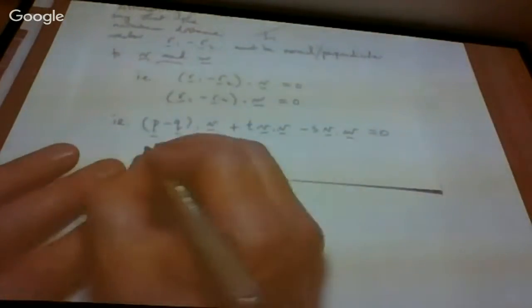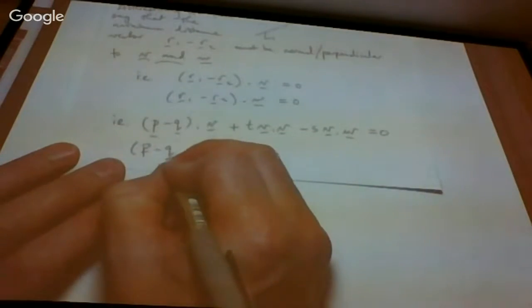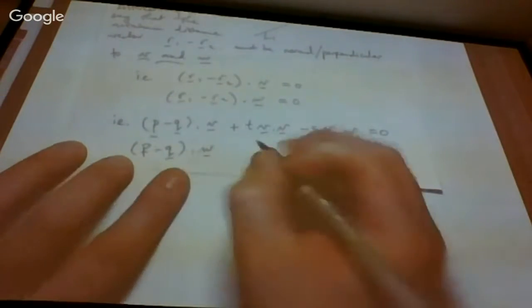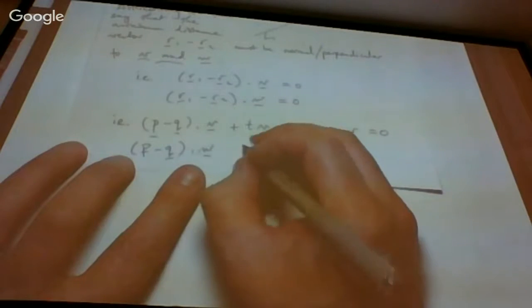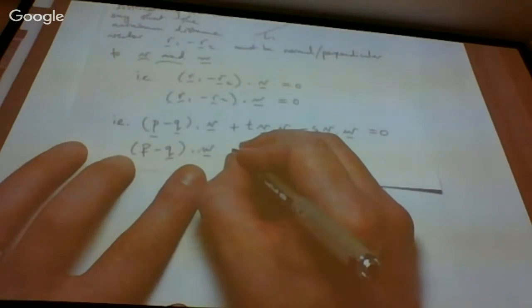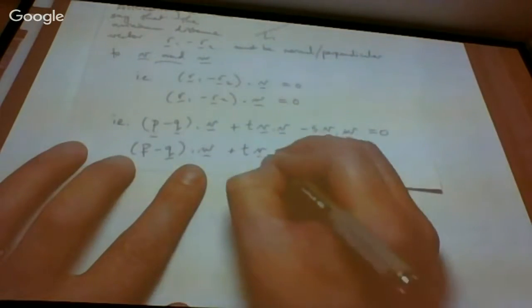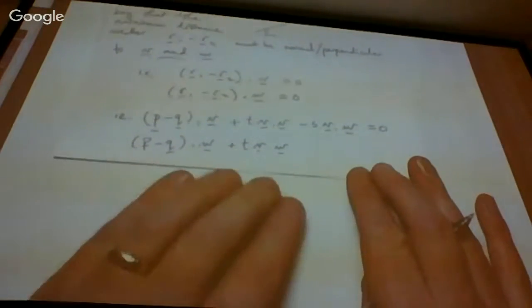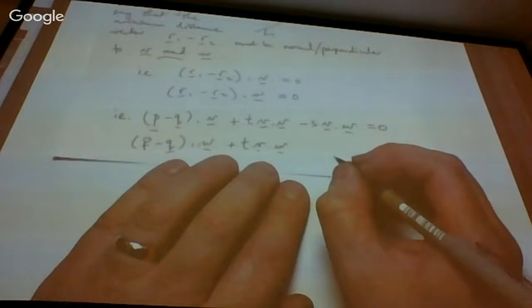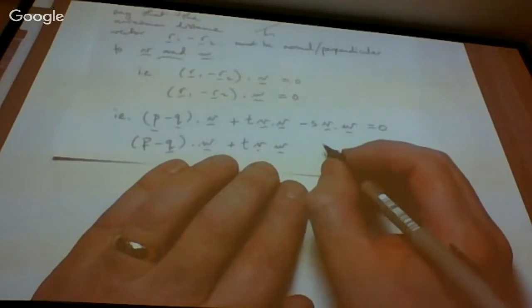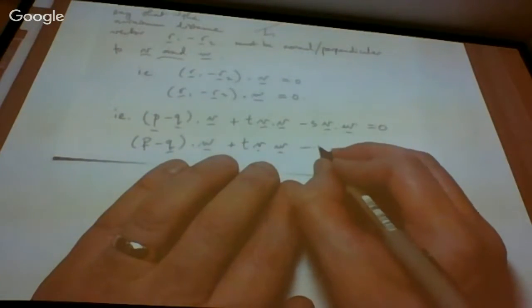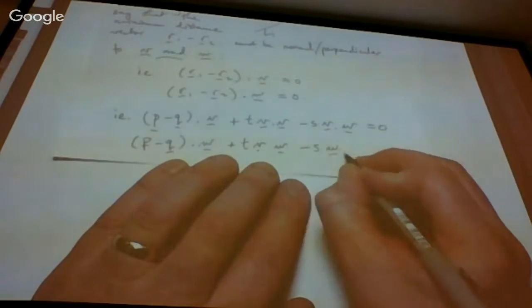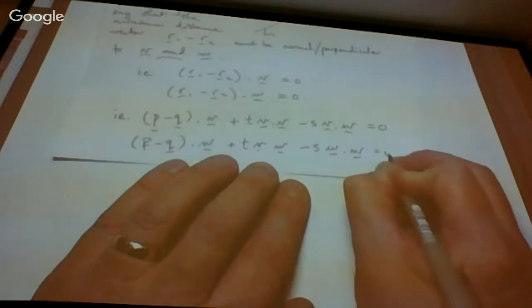And the second one, I get a P minus Q dot W plus a T V dot W, and I get a minus S W dot W. That has to be 0.